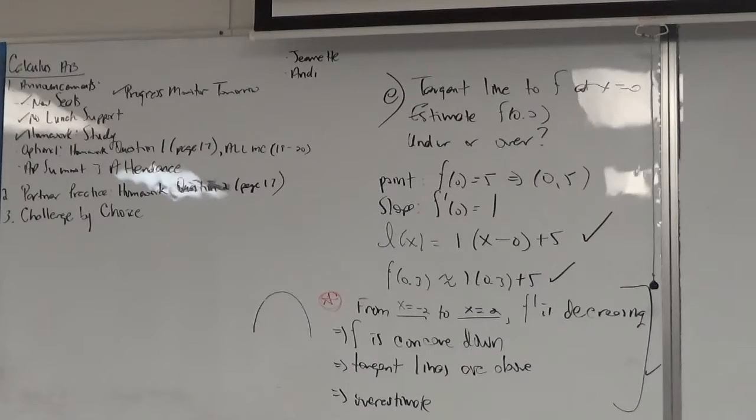Wouldn't it just be, okay, so you just plug in on the point and then find the derivative. You find the derivative to find the slope and plug in 0. So point.